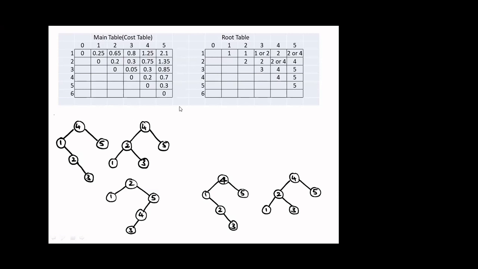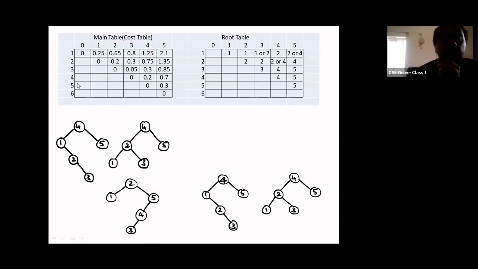Yes, now? Yes, sir. For 5, we have a probability of 0.3, and as it lies in the second comparison, 0.3 into 2. So we'll get 0.6. So we'll get 0.5, 0.6, and 0.2. Similarly, key 2 is at the third comparison. So key 2's probability is 0.2, 0.2 into 3, that becomes 0.6.